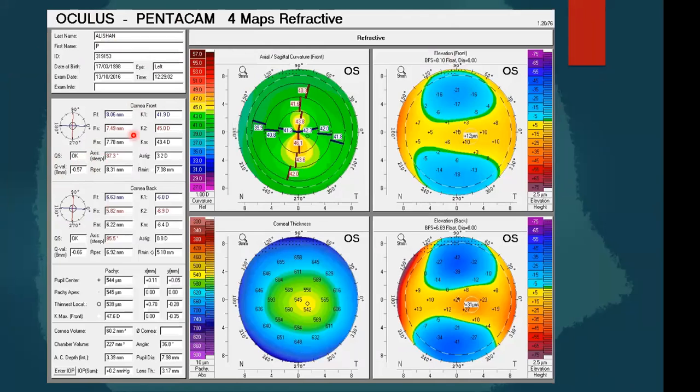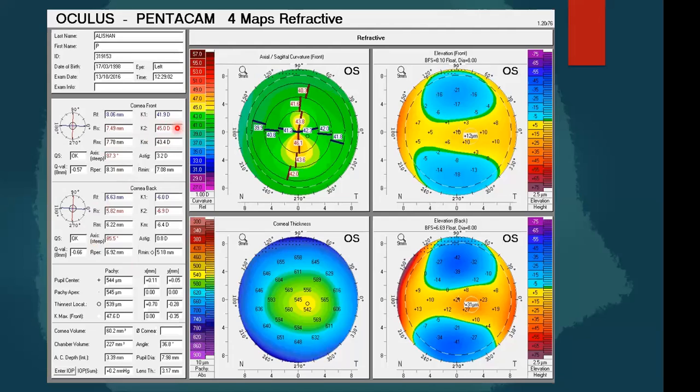Then you must go to the keratometry values. So this is the front cornea details and this is the back cornea details. And so the flat cornea, the K1 is the flat cornea, which is 41.9 diopters for the anterior surface of the cornea. And the steep is at 45 degrees for the front surface of the cornea.